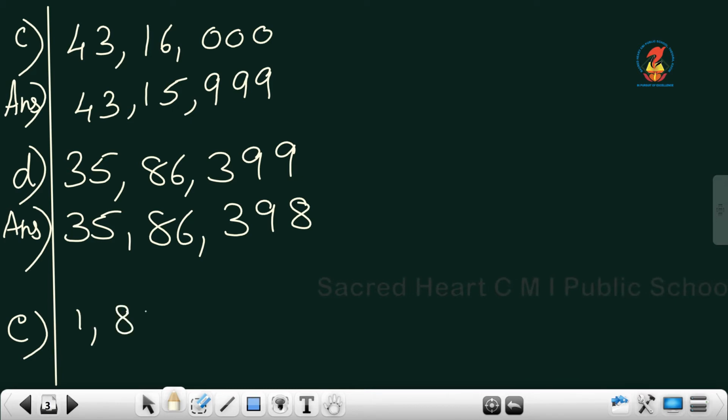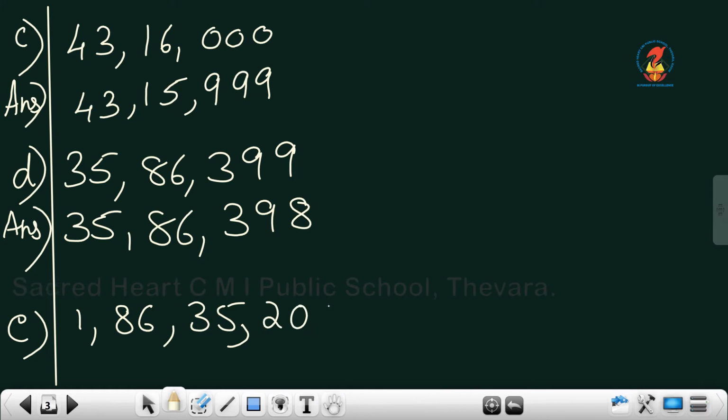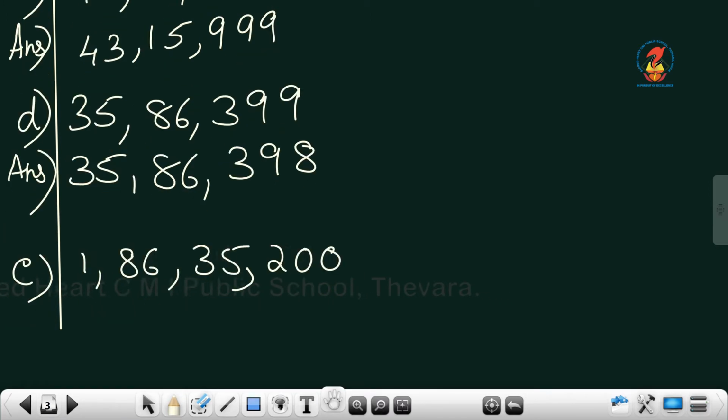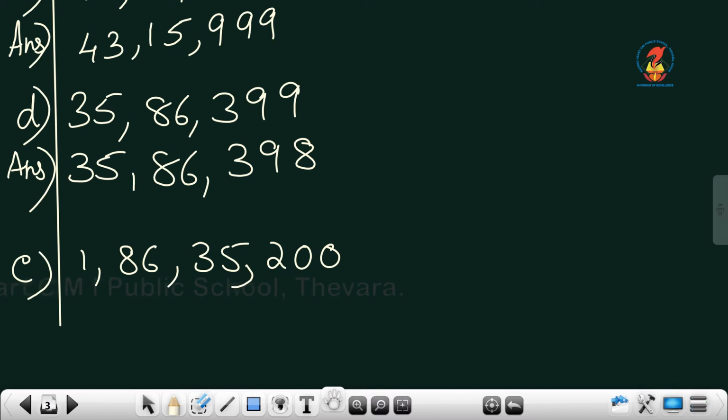One crore 86 lakh 35,200. What will be the answer, children? What have I told you?